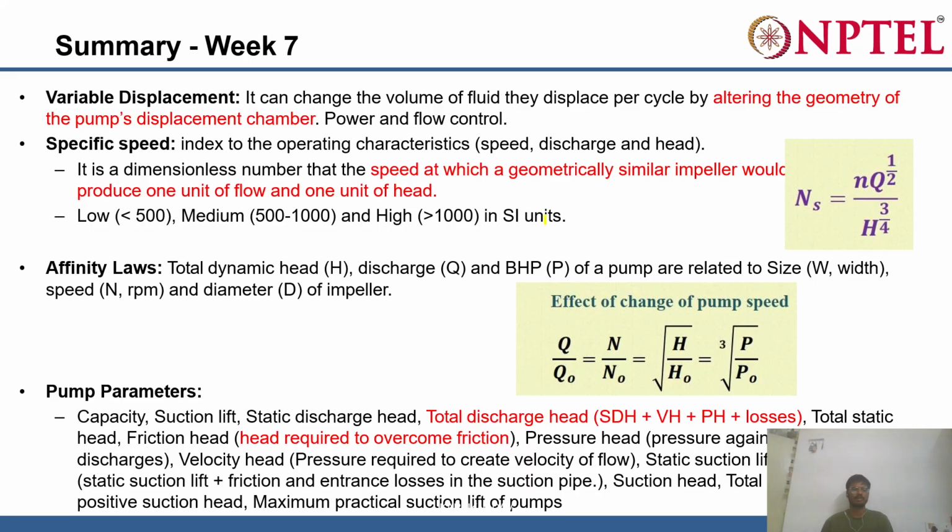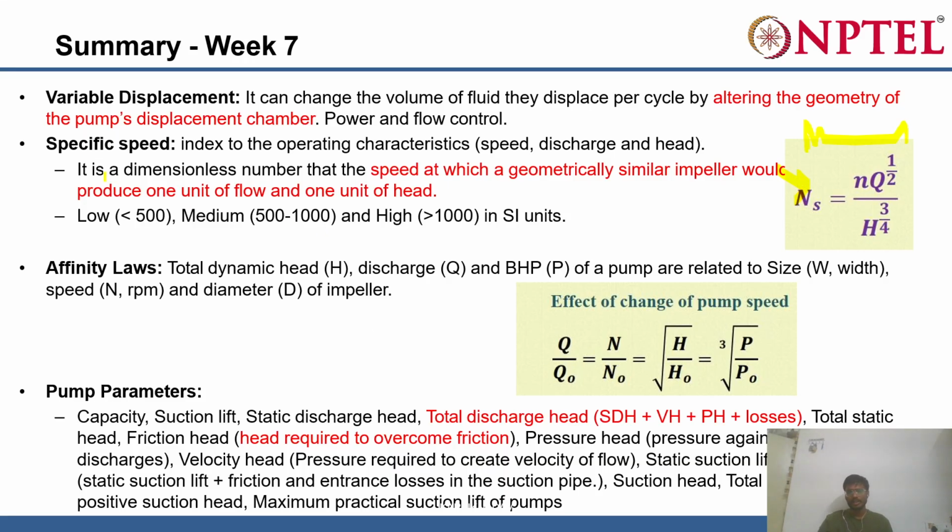And then specific speed is just an index frequently used in the operation characteristics of any pump. It's a relationship between speed, discharge, and head. Specific speed is given by Ns equal to N under root Q divided by H raised to 3 by 4.